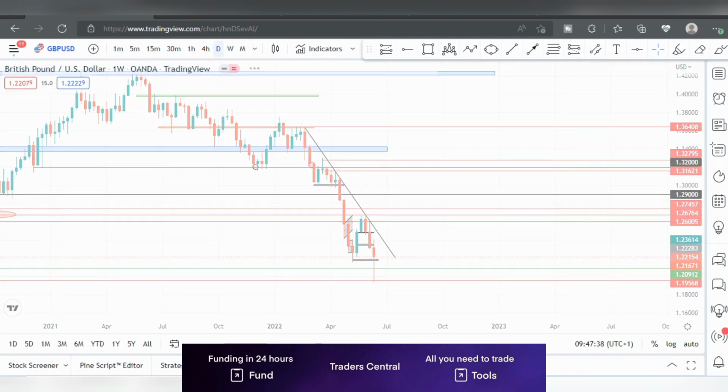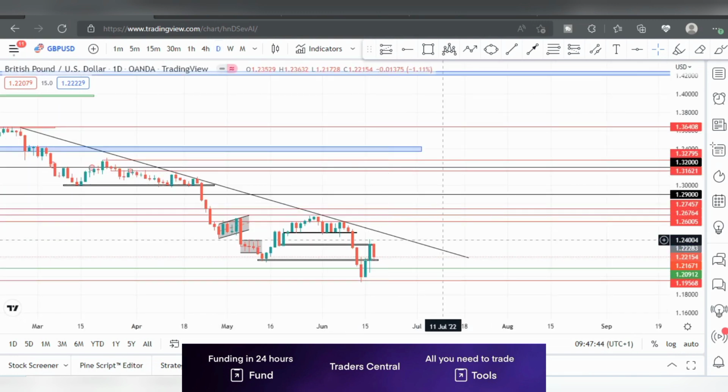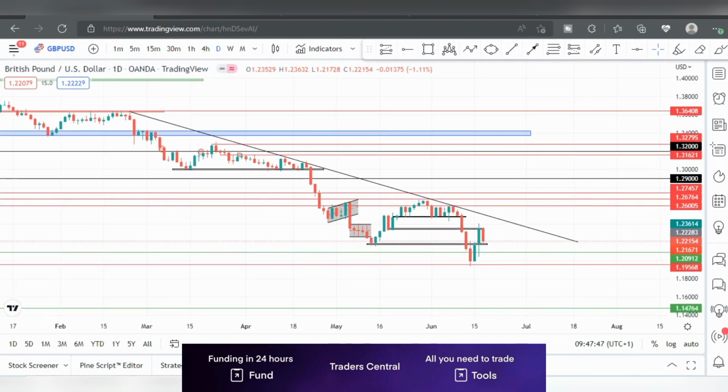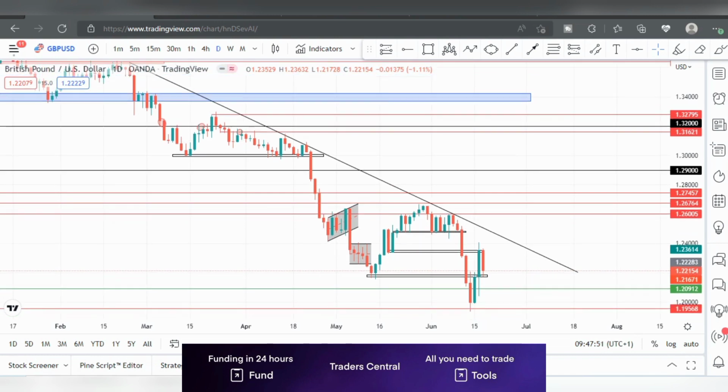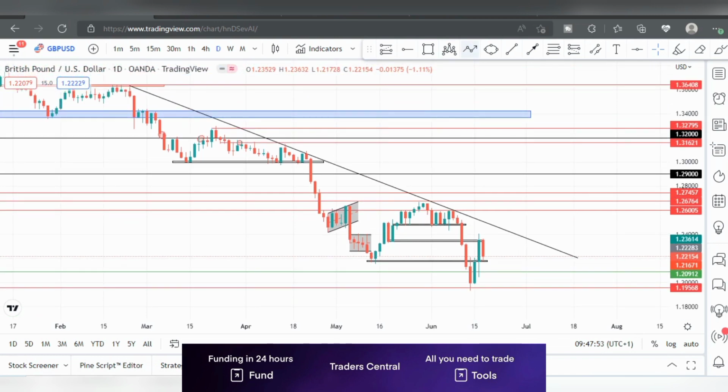If we go to the daily time frame, we can see that first of all, price has been in a very strong downtrend, forming lower lows and lower highs, as you can see here.